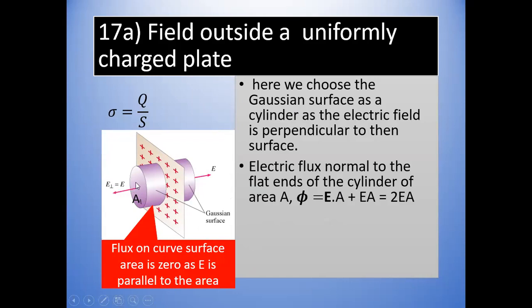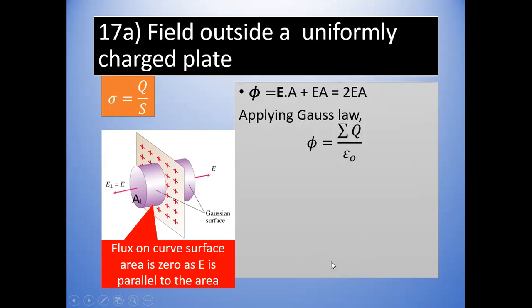But there is one coming out here, and one coming out the other side. So your total flux is EA plus EA equals 2EA. Applying Gauss's law, that's what we get. So place this flux, 2EA, here. Then we get our equation.